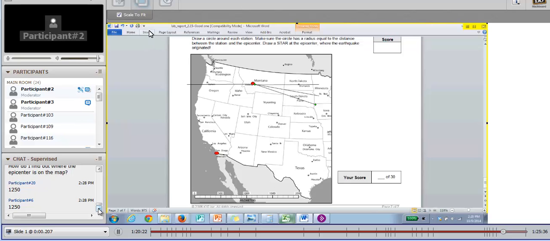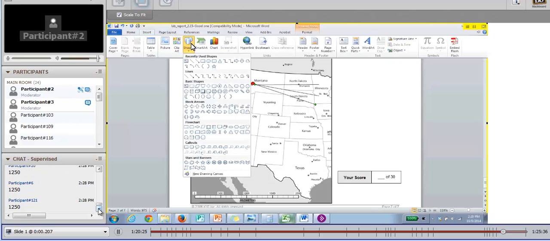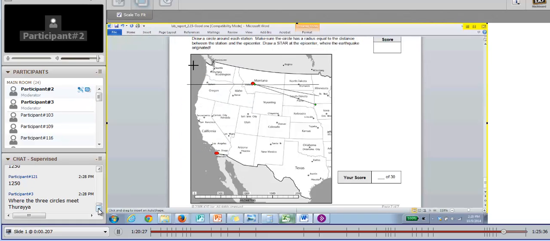So, insert the shape. Now, I chose a line. You could use that little arrow if you'd like. And I made my line 1,250 kilometers long. Right? 1,250, yep. When I release the click, it's highlighted. I have those green dots. And because it's highlighted, I can copy it.